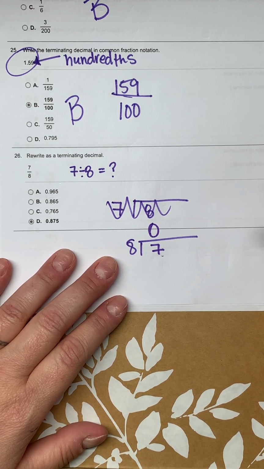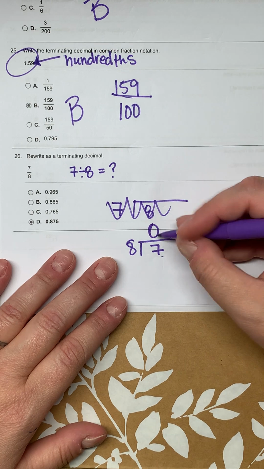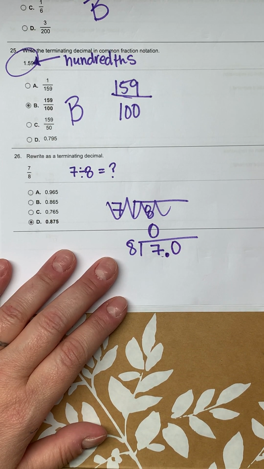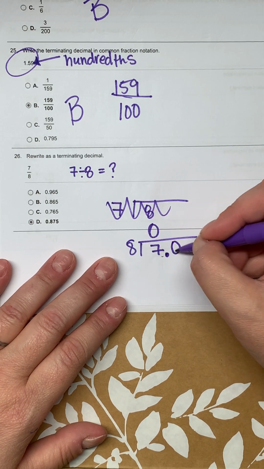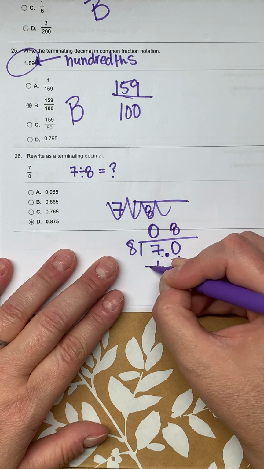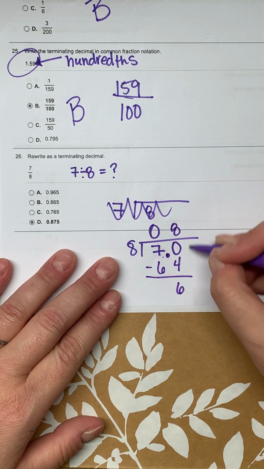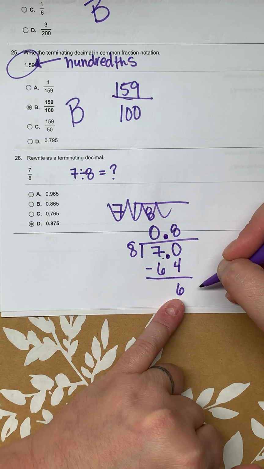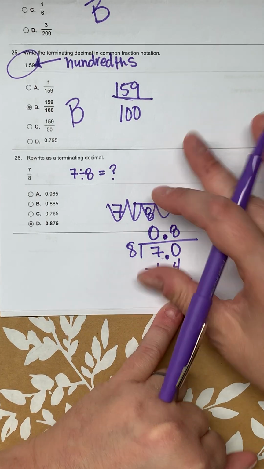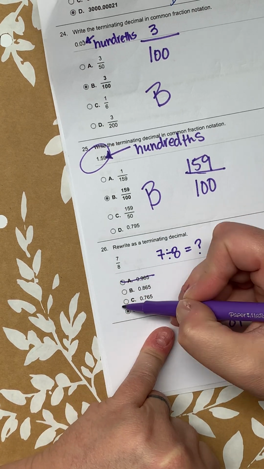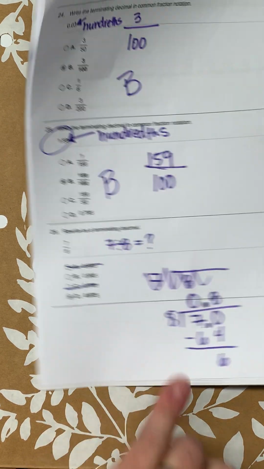Darn. Okay, then I need to keep going, so I put a decimal, and let's tack on another 0 and see what happens. Okay, 8 can go into 70 8 times to make 64, and we subtract down, and oh, we have a 6 left over. Okay, well, I can't quite jump to my answer yet. I have to do one more step.